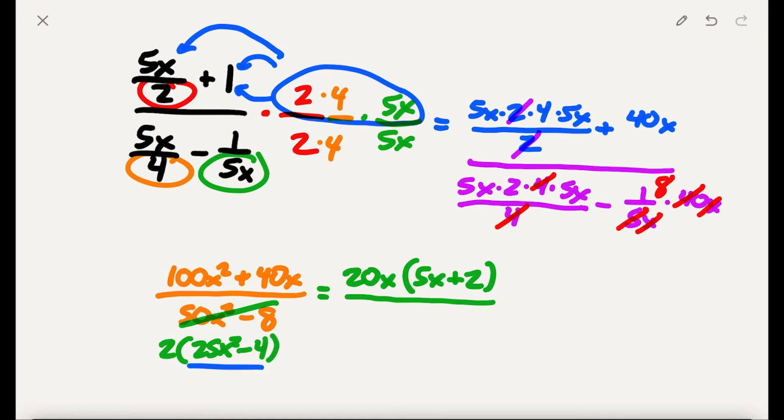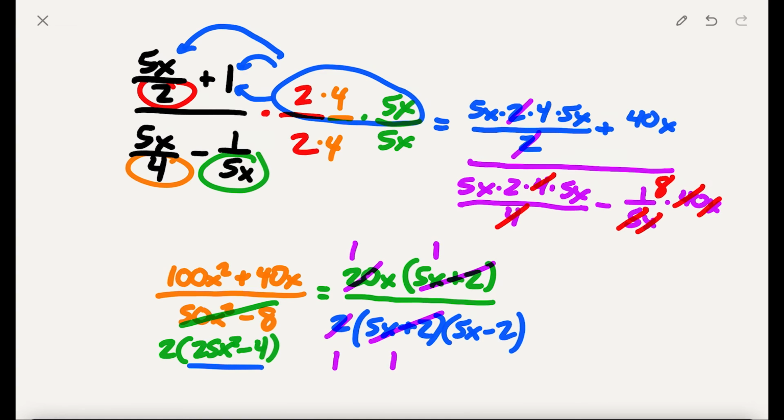And I can factor this because it's a difference of squares, so it's going to be 5x plus 2 times 5x minus 2. Okay, from here you can see the top 5x plus 2 and the bottom 5x plus 2 will divide out, and then you can do the 20 divided by 2 here. So you get 10x on top, 10x divided by 5x minus 2 for the final answer.